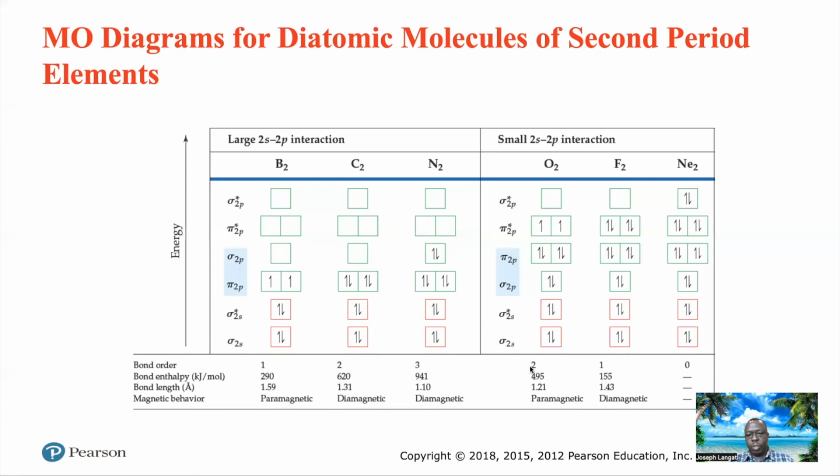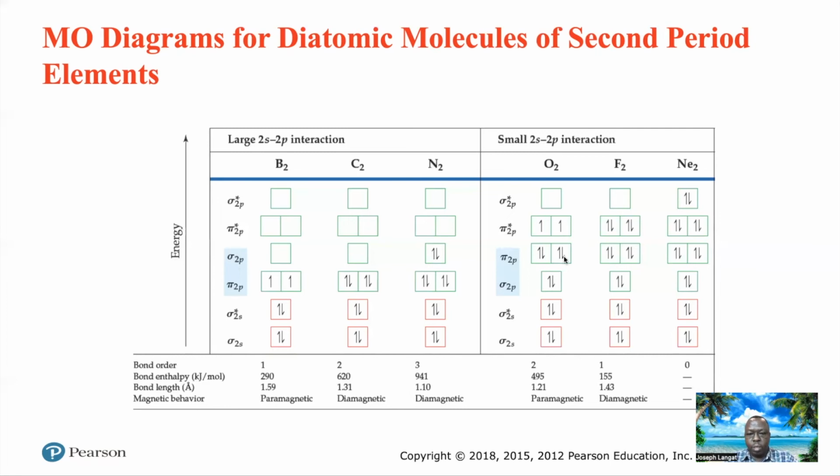How do we end up with 2 here? If I look at the bonding, bond order of 2, 1, 2, 3, 4. 4 minus 2 is 2. Here 2p, 1, 2, 3, 4, 5, 6.